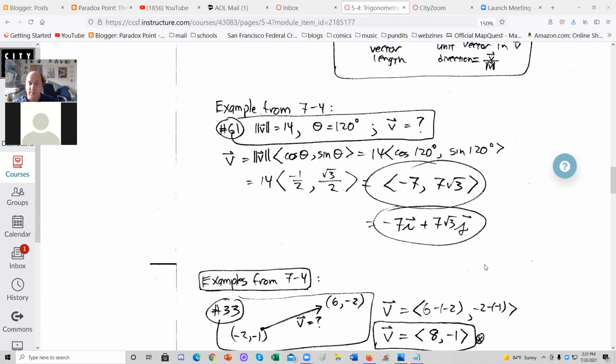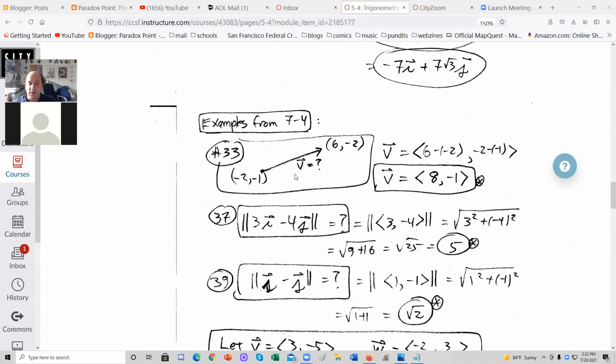Or here's some other examples. Here's a vector with initial point -2 by 1 and terminal point 6 by -2. What is the vector? All right, so we just subtract components: 6 minus -2 here, -2 minus 1 here, and a bit of arithmetic is 8 by -3. That's the vector.